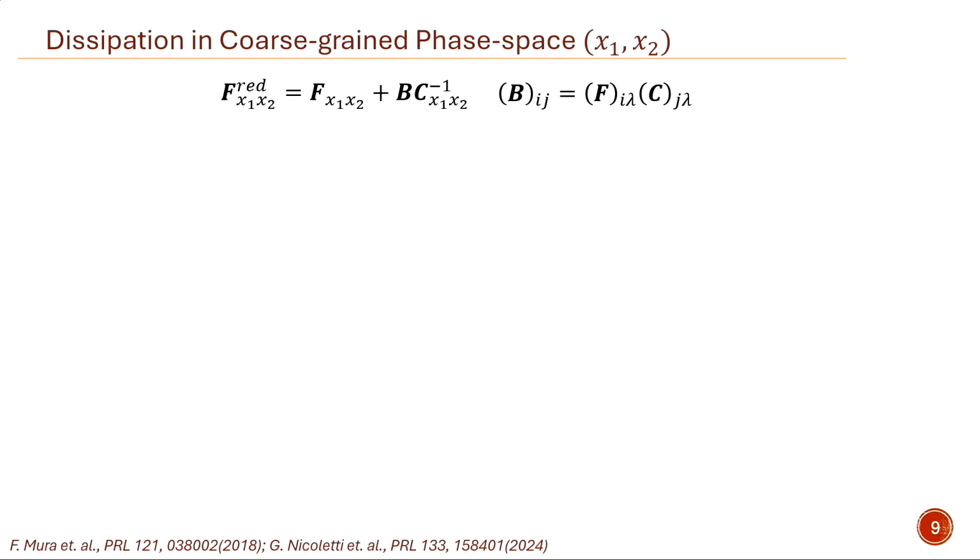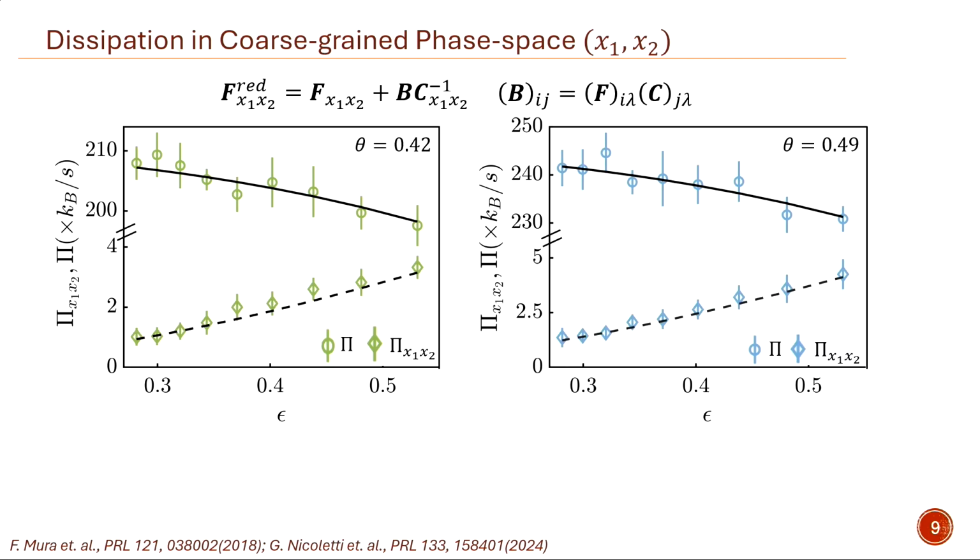We can properly coarse grain the previous fine grained system and get a reduced drift matrix, and if we use this to calculate the entropy production rate from data and analytics, we get a completely different trend in the presence of the hydrodynamic interaction. These lines show that, of course, the entropy production rate without lambda is less because we are in a coarse grained space, but the dependence on the hydrodynamic interaction is reversed.